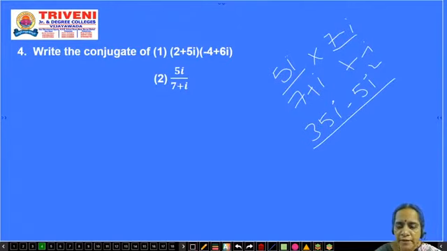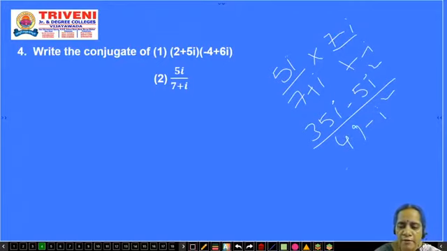7 plus i into 7 minus i. This is in the form of (a plus b) into (a minus b), which is a square minus b square. That is 7 square minus i square. 7 square means 49, minus i into i is i square. The value of i square is minus 1.